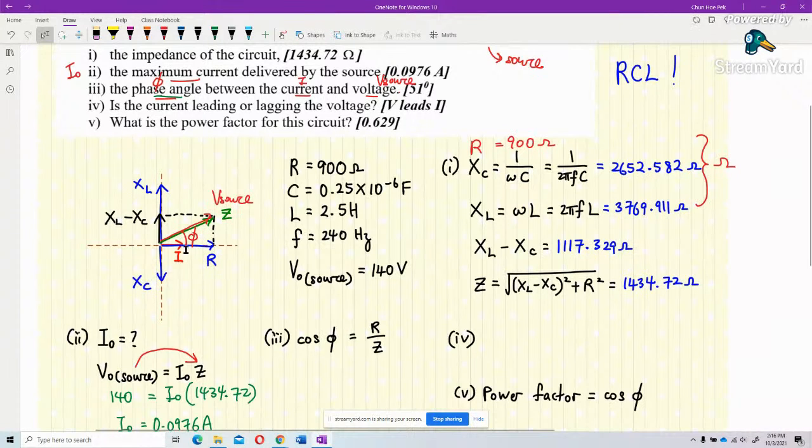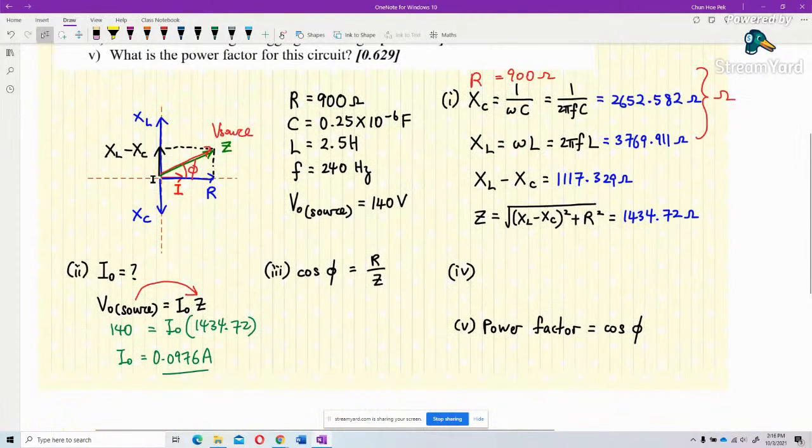How? We have the R and we have the Z, so this is a right angle triangle. Cos phi is adjacent over hypotenuse.